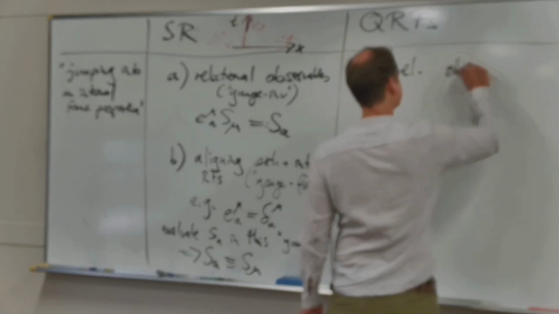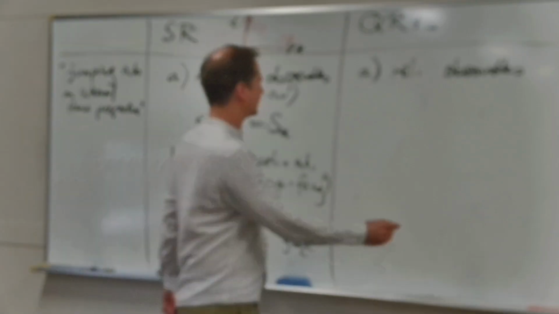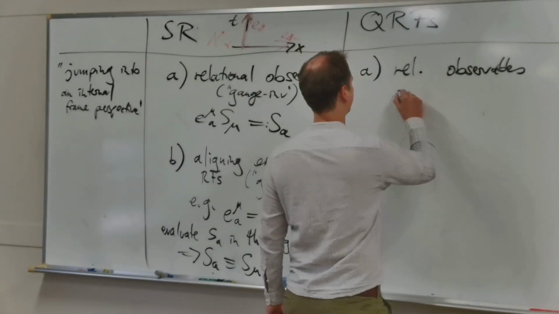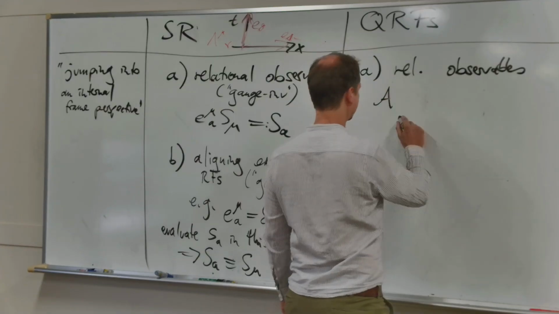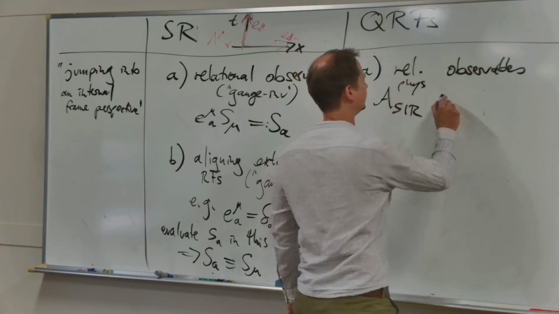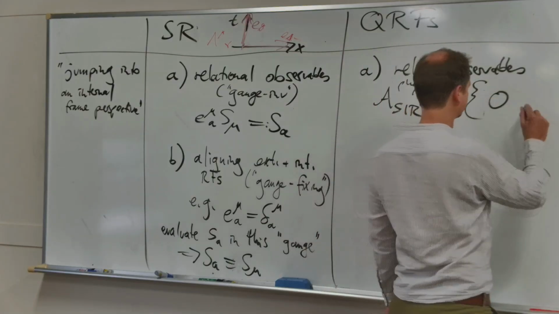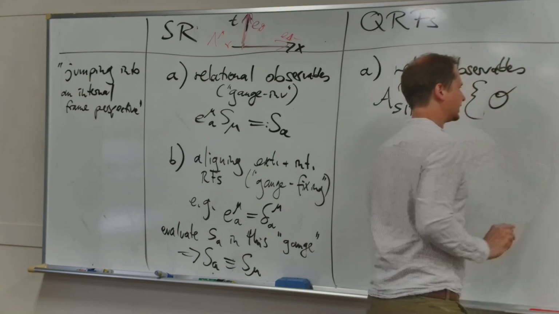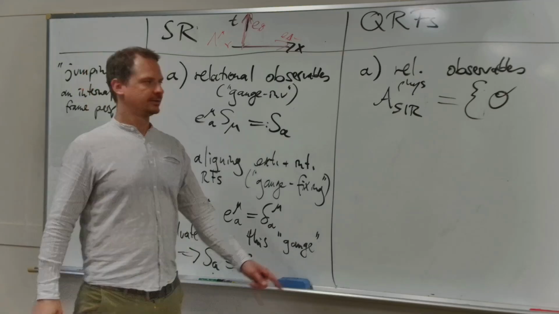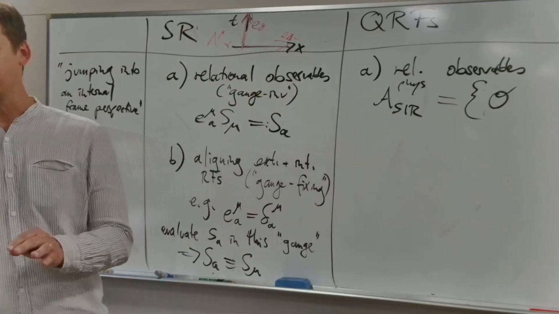Again, the first is relational observables, which I had already explained to you. So you just evaluate those relational observables. We can say we're looking at S relative to R, and really this is the algebra generated by these relational observables. I'm putting this twiddle here because I'm talking about the relational observables evaluated on the physical Hilbert space.